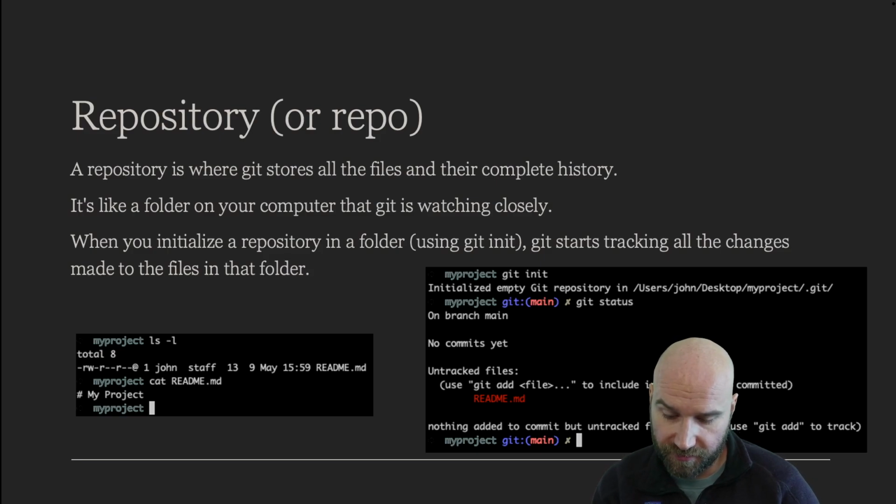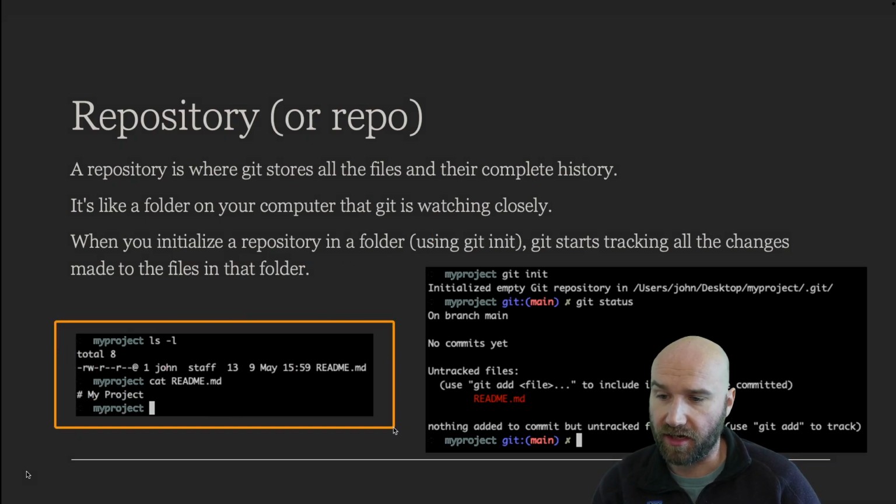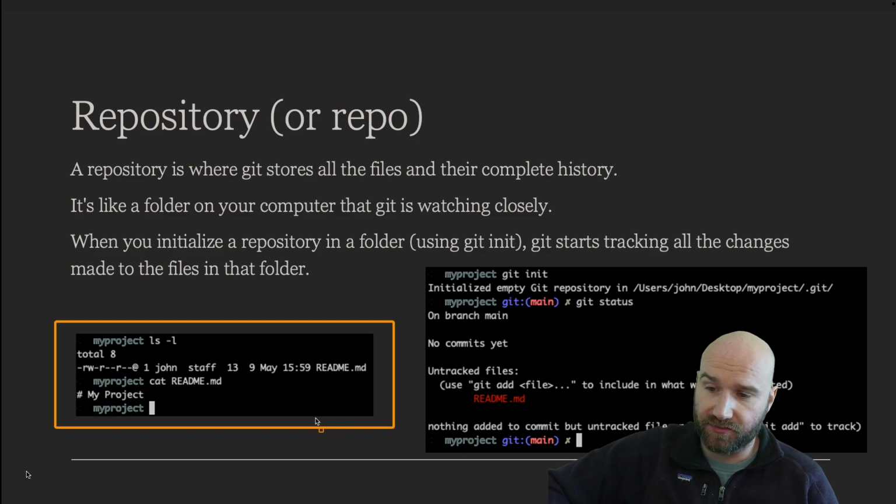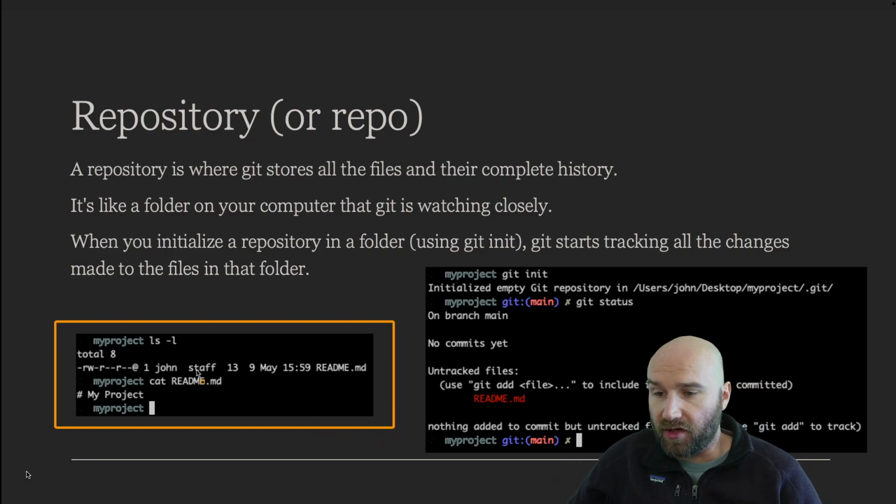So you can see on the left-hand side that we just have a directory here. It's a regular directory. There's nothing happening here. I have one file in there called README.